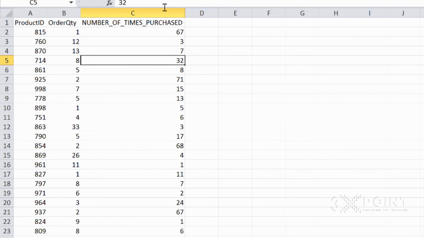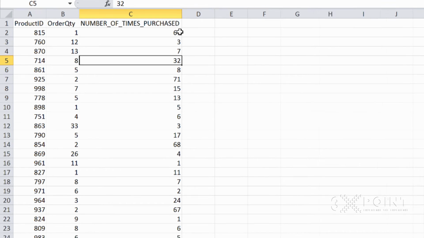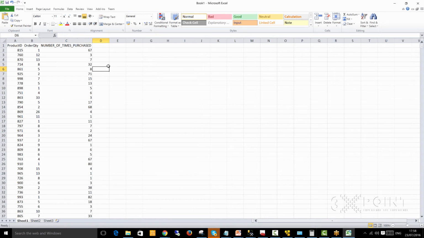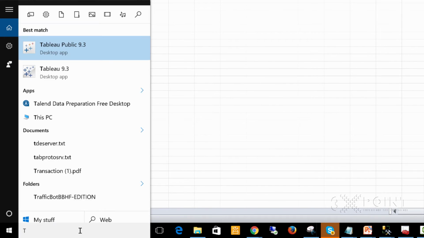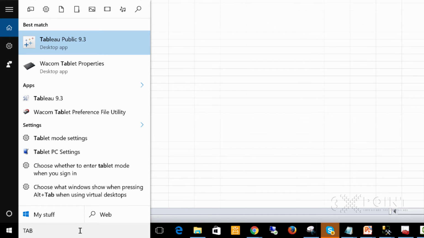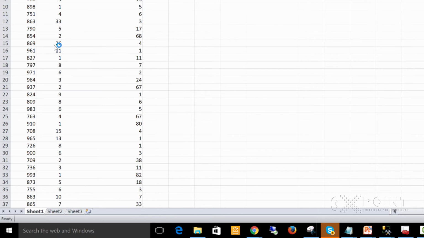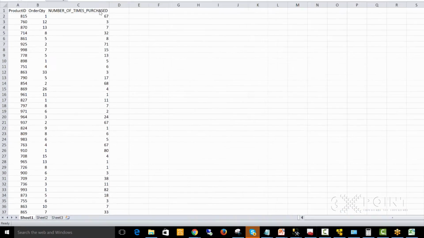So you can do your analytics even within Excel by using pivot table or pivot chart. But we're not going to go into that today. We're still going to delve into some more Tableau related work. But for today, let's just see how this will go in Tableau.